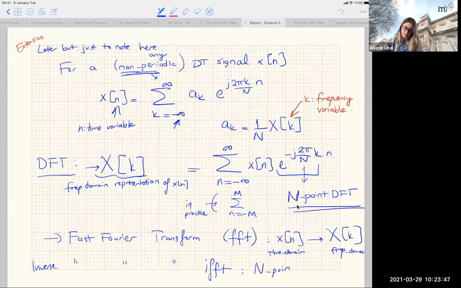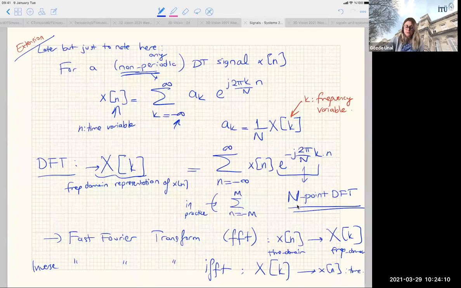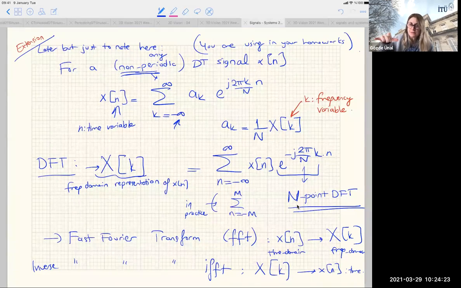The inverse FFT takes my Fourier transform coefficients, capital X, by the way, in the frequency domain variable k, and goes to little x of n, to time. This is an extension, which you are using in your homework assignments. It's really just an extension to non-periodic signals.